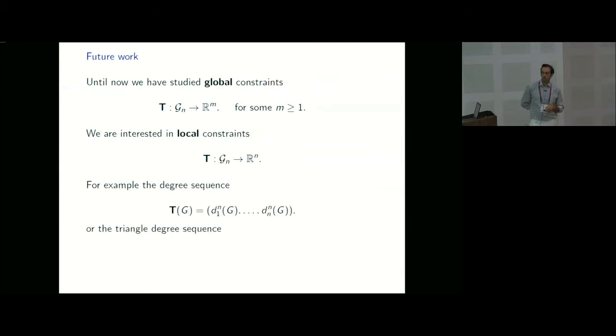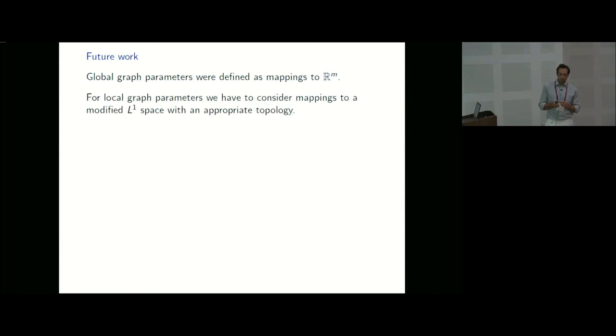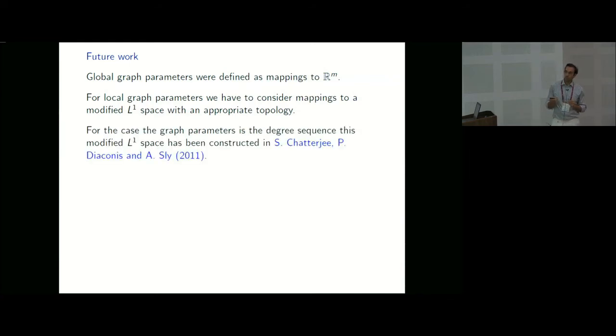Or the triangle degree sequence, where this is the number of triangles each vertex participates in. Here there has been some work done by Chatterjee, Diaconis, and Sly, and they managed to identify a suitable topology and a suitable space where you can study these graphons, these limiting objects.